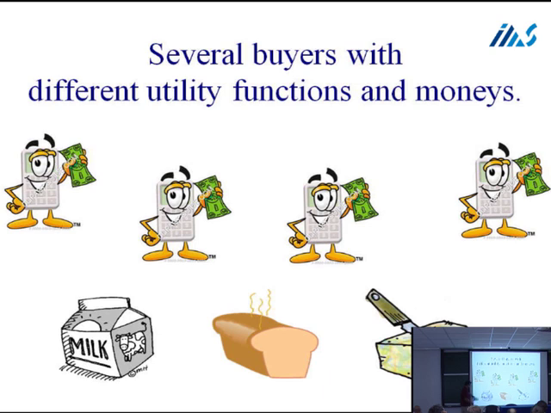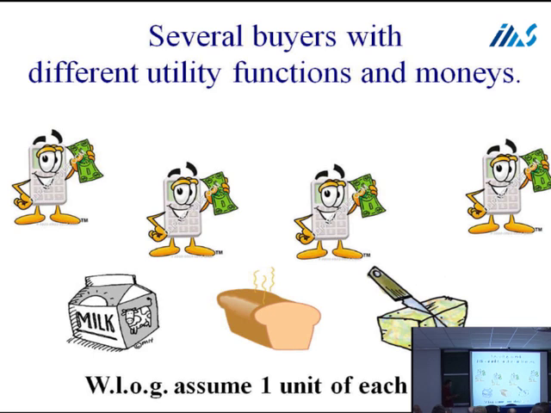And there are a bunch of divisible goods here in the market. And we know how much of each, but we can rescale the quantity of each good and call it 1 unit. You know, if there are 50 gallons of milk, we can call it 1 unit. We can define our own unit, okay?